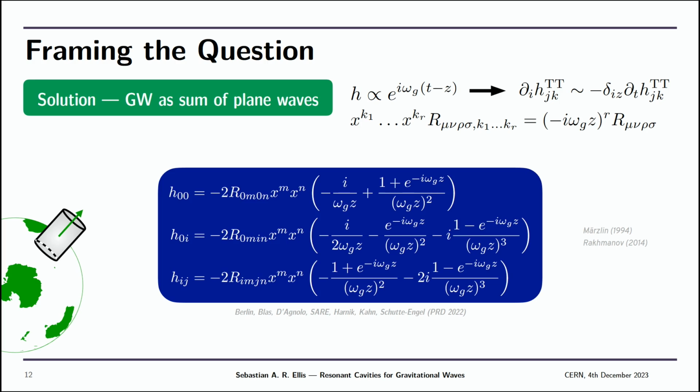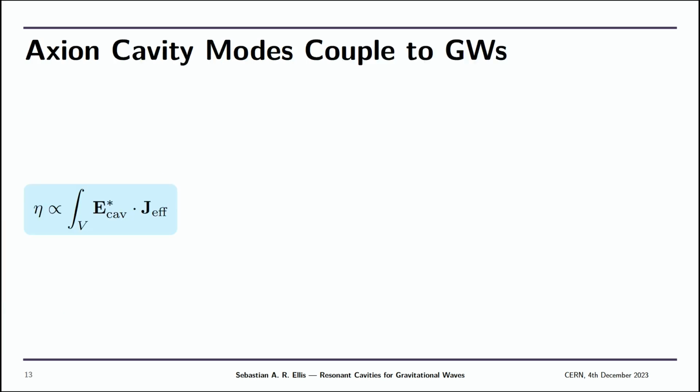If I have a stochastic wave, I can just sum a bunch of different waves with different directions and different frequencies. If I have some wave that has a bunch of different directions, again, I can just do a sum. So now we have not only the machinery on the cavity side, but also the machinery on the gravitational wave side to be able to do the calculation correctly in the proper detector frame for the sensitivity of a haloscope to gravitational waves.